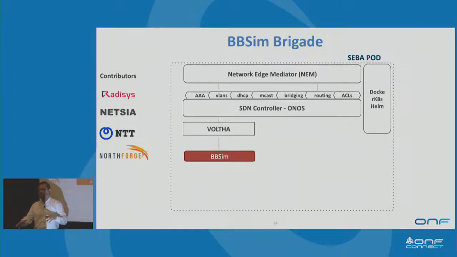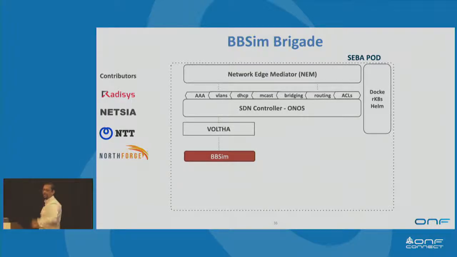That we don't need to simulate, because that's already in hardware. It happens at hardware speeds. What we need to simulate is the control plane interactions of the OLT and the ONU with Volta and ONOS and NEM, okay? So the idea behind BBSim is that it is a control plane only simulator, but then it should be able to scale.